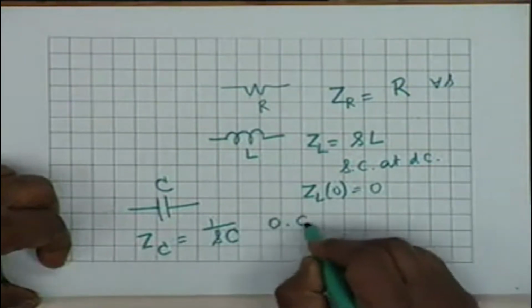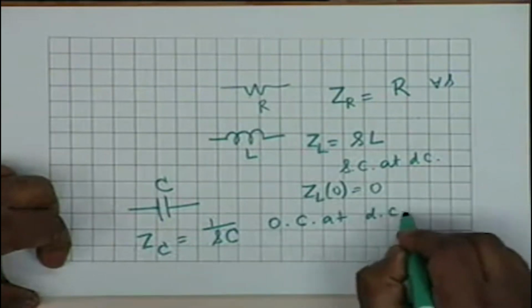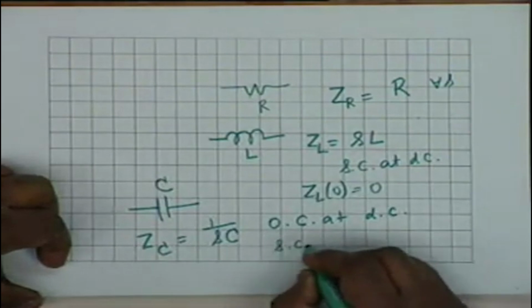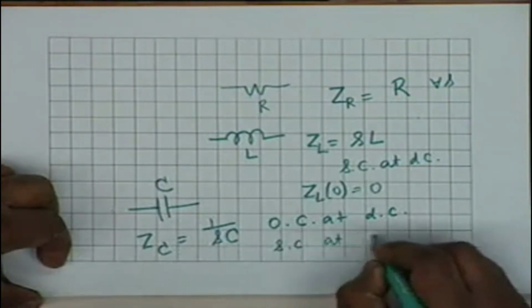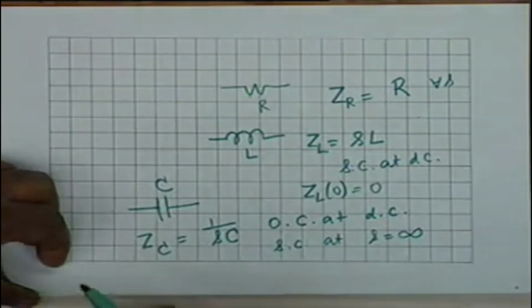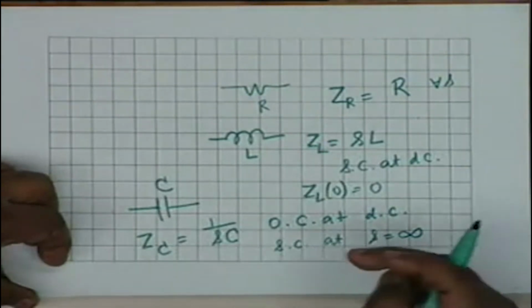In other words, it is an open circuit at DC. It can also be a short circuit, but then you have to make s equal to infinity. At infinite frequency, the capacitor behaves like a short circuit, but at DC it behaves like an open circuit.